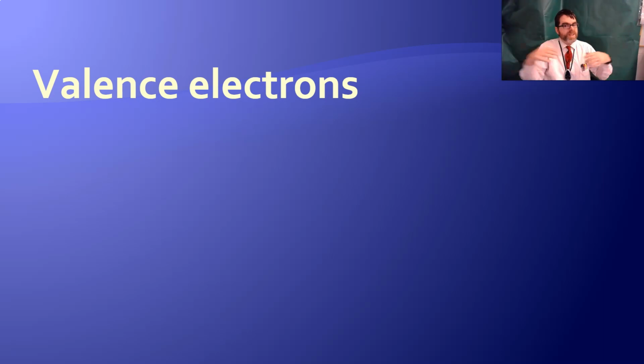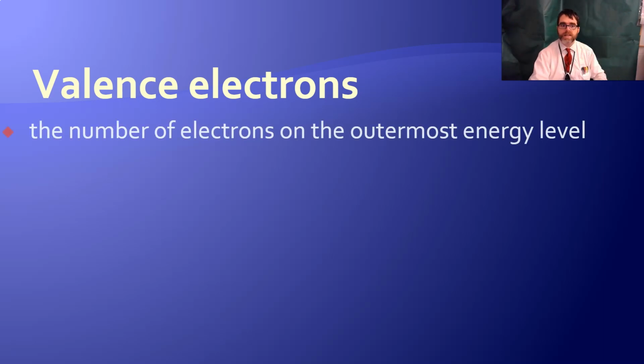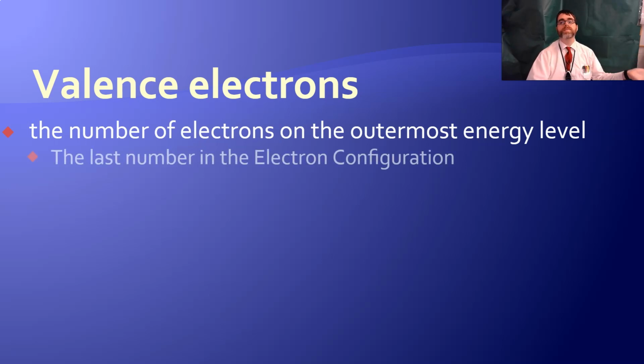But it's not even all the electrons, it's just the outermost electrons, the ones on that last energy level. And the fancy word for that is valence electrons. So valence electrons is simply the number of electrons in the outermost energy level, or the last number in your electron configuration. So that means that lithium has 1 valence electron, and chlorine has 7 valence electrons.